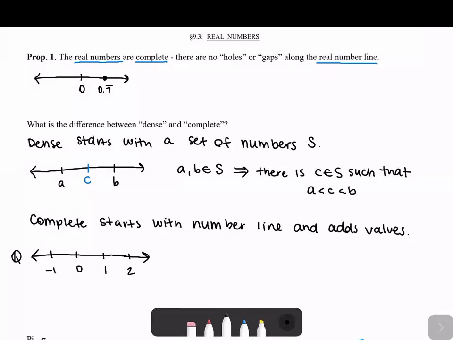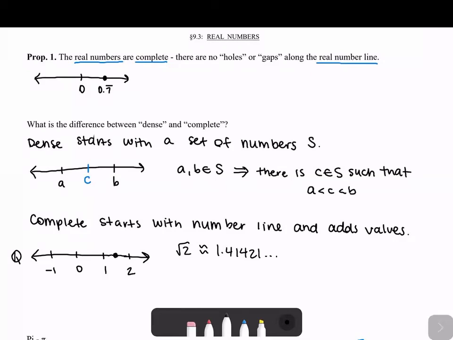So we know that the square root of 2 is irrational. And remember that the square root of 2 is approximately equal to 1.41421. Something that's like that. So we know that that number on the number line is somewhere between 1 and 2.